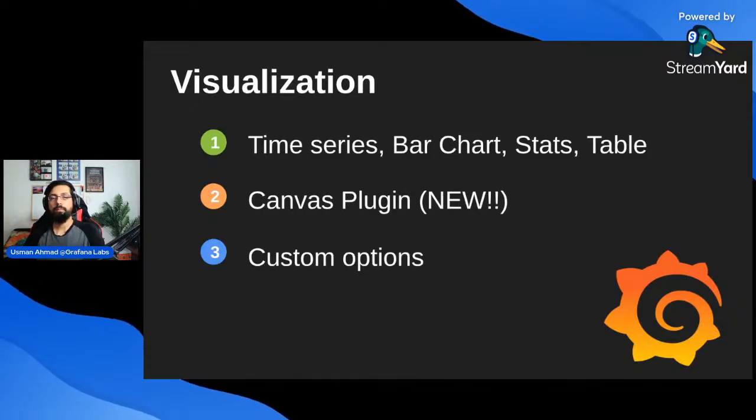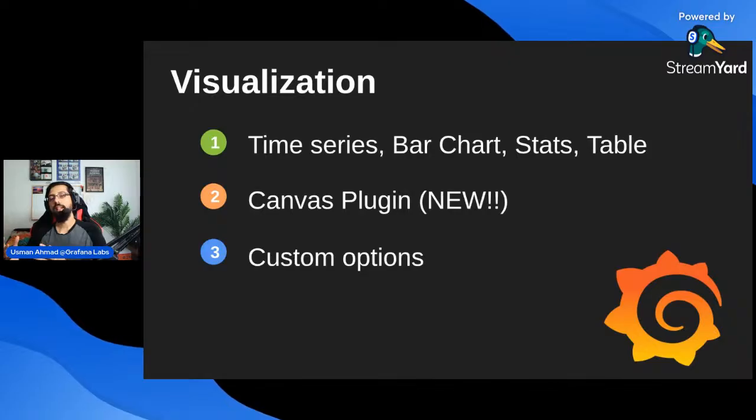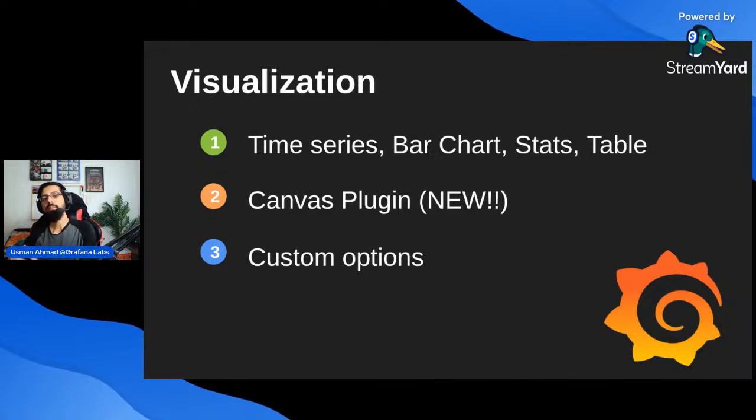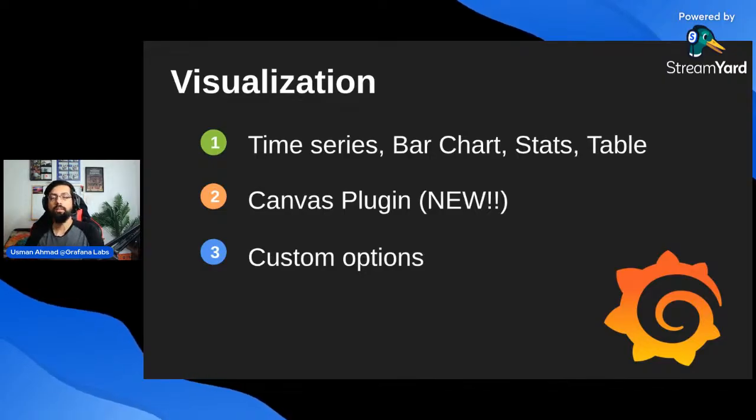We also provide custom options. Many tools have limited availability, but in Grafana you can change the unit or even the currency of your expenses. You can do it and apply some other custom options as well.